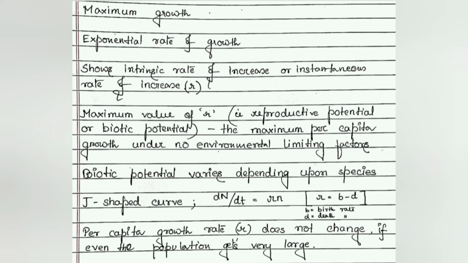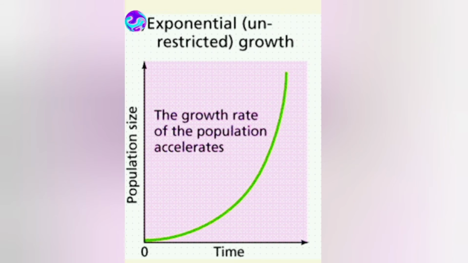Okay, the maximum per capita growth under no environmental limiting factors, that has to be kept in mind. Now here the biotic potential varies depending upon species, and it gives rise to a J-shaped curve. Okay, you can see this here also in this diagram.